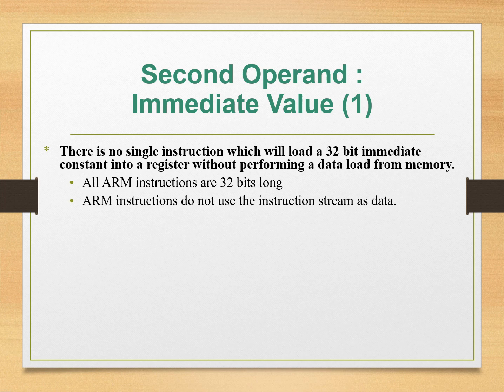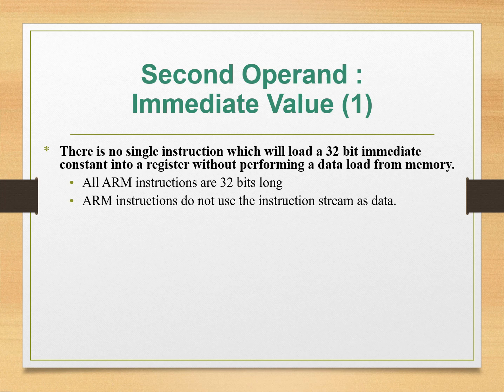As we use the immediate value as the second operand, we know that there is no single instruction which will load a 32-bit immediate. If you look at the format of the ARM instruction set, it is 32-bit.